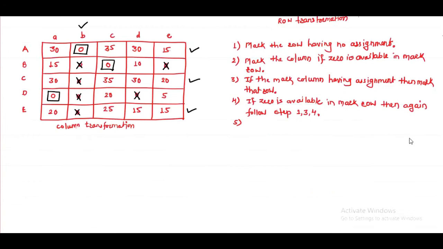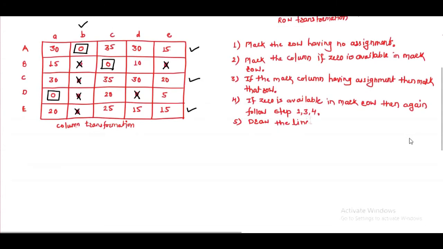Then the fifth step is draw the line on unmarked rows.